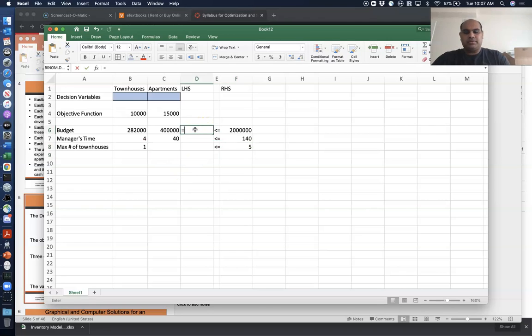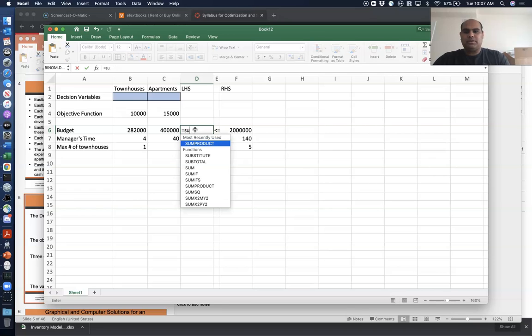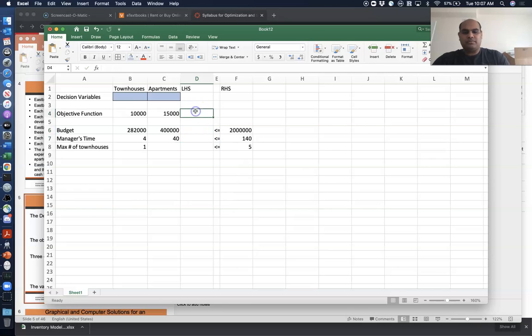So I can write my product function for my objective. So the decision variables have to be absolute references. The objective coefficients should not. So no dollar signs for the objective coefficients. Remember that. There you go. So my problem is right here.